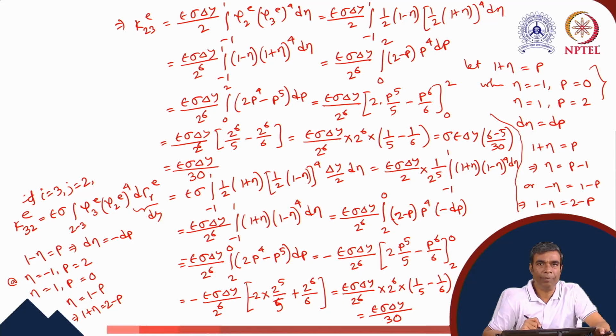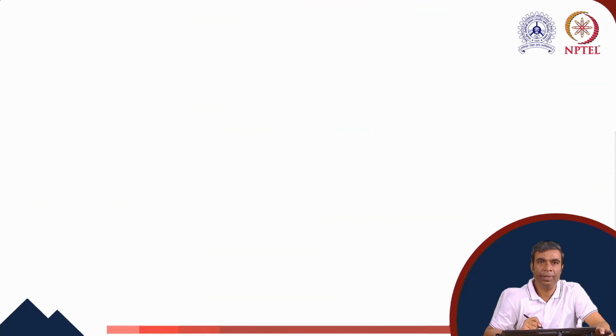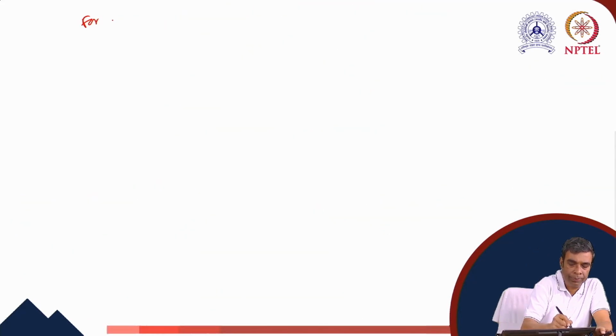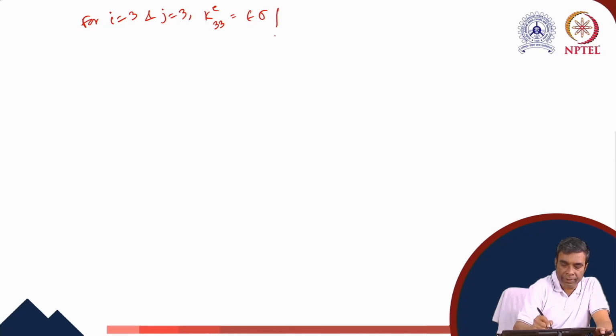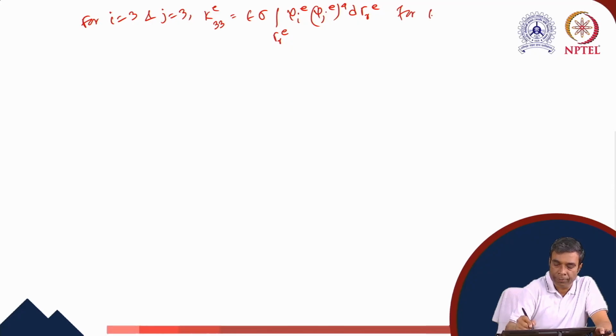Now we are left with the term K33E. For i equals 3 and j equals 3, we have K33E equals epsilon sigma integration along gamma RE, psi iE psi jE to the power 4 d gamma RE for i equals j equals 3.